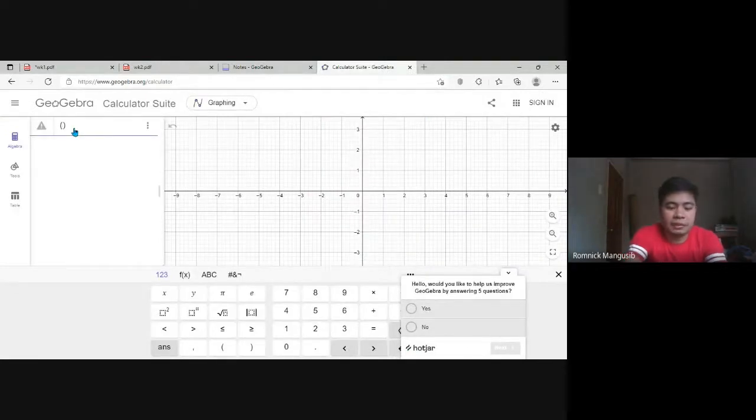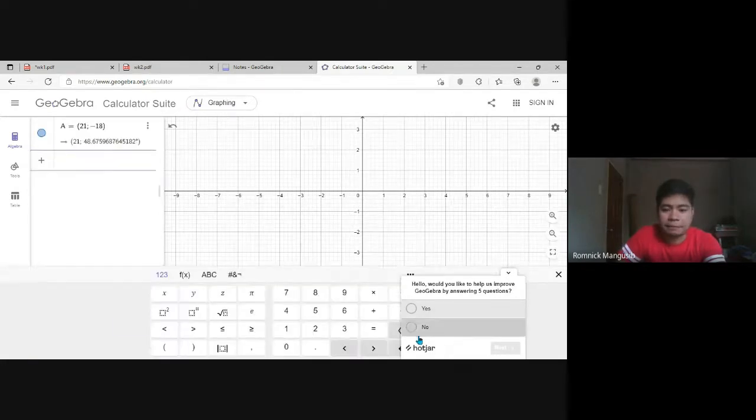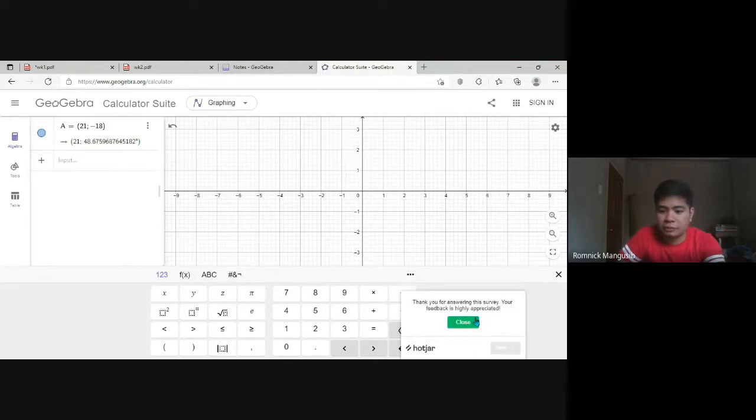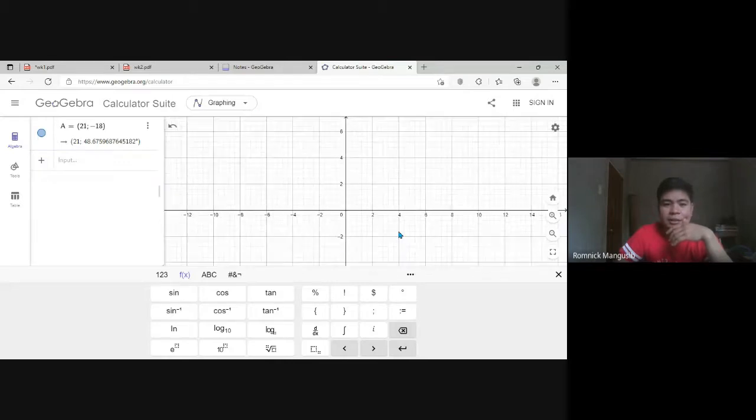So we have 21 semicolon negative 18 is where ano nangyari dito? No. Kailan ba nagyan degrees yun? I think wrong yun.